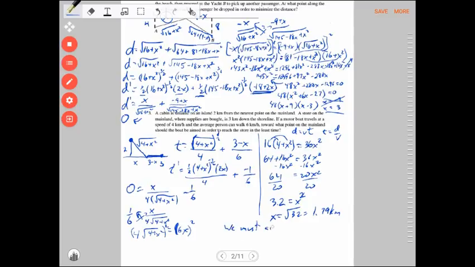We must aim the boat 1.79 kilometers down the shore to minimize the time. There we go.